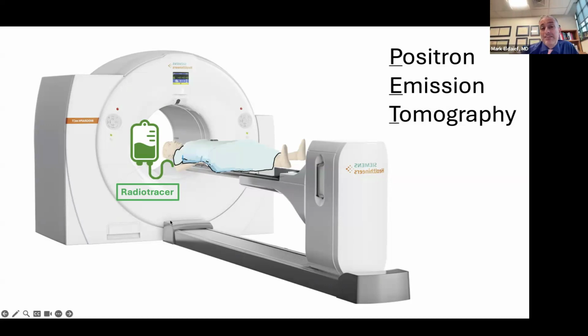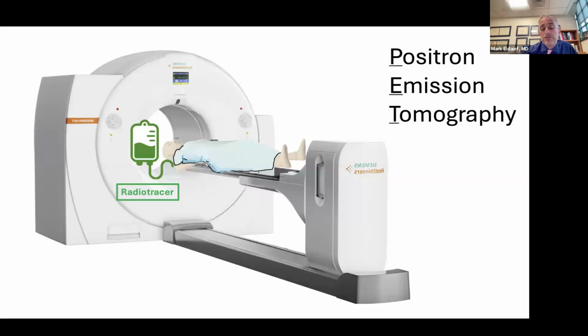But probably the major difference between a PET scan and an MRI, from somebody's perspective of actually getting these scans, is that you are given an injection. What they do is they put an IV into your arm, just like if you've ever gone to a hospital or an emergency room and you've gotten an IV put in.